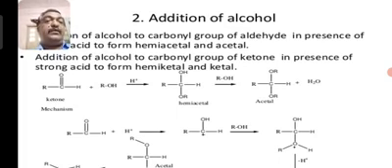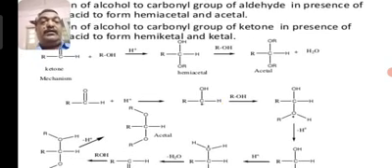When it is treated with another molecule of alcohol, it is going to form a diether-like compound, RCH(OR)2. So it is called an acetal. If you use a ketone, then a ketal. Aldehyde gives acetal; if you use a ketone, a ketal is going to form. Now you can see the mechanism.